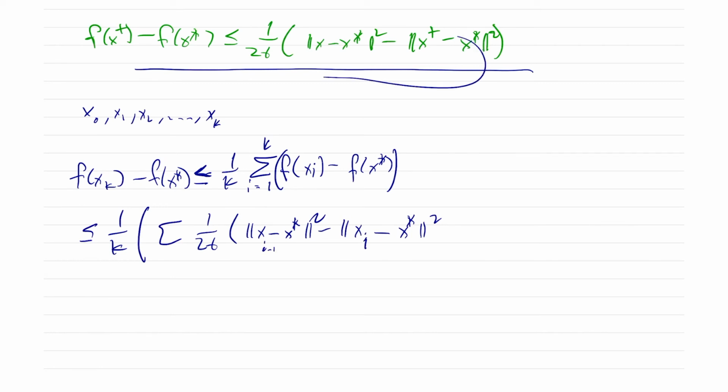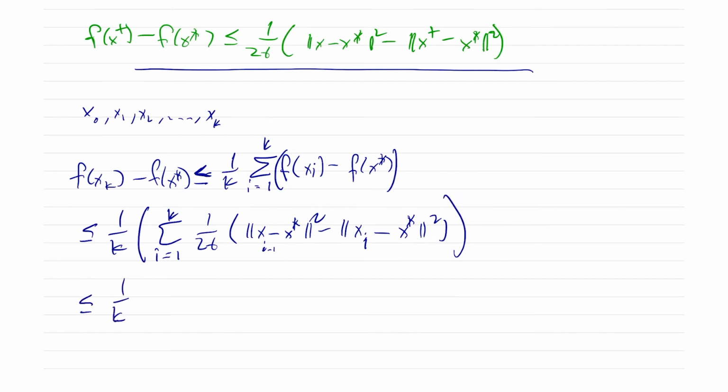Right, so basically just copying this over but replacing it with the sequence terms. And again, i is going from 1 to k. And now you'll notice that this is actually a telescoping sum. So all that's going to be left is the endpoints.